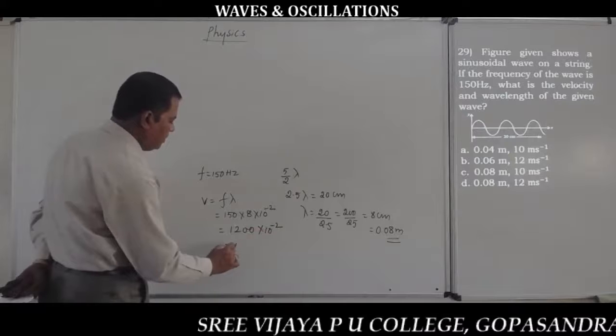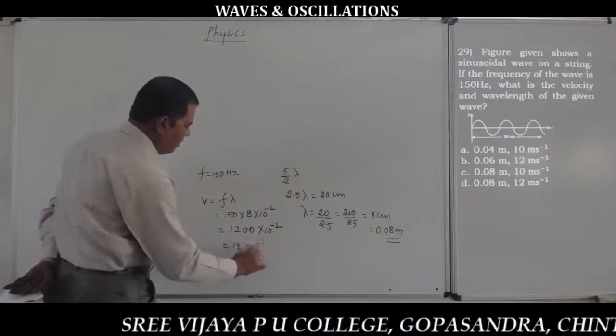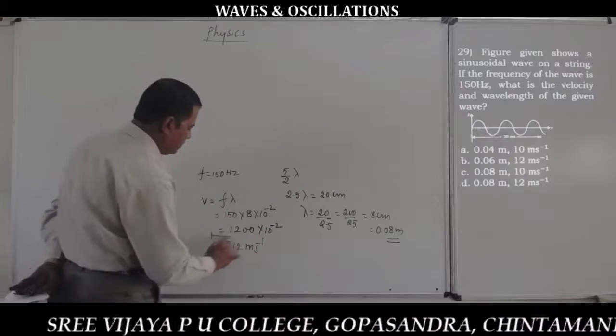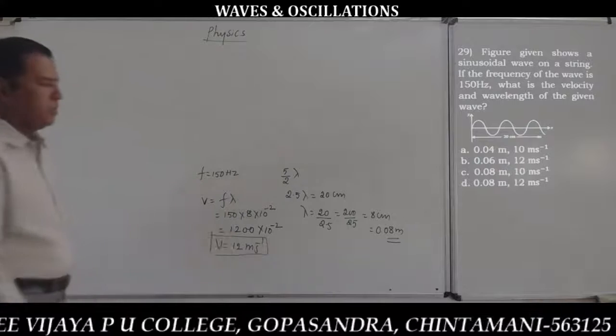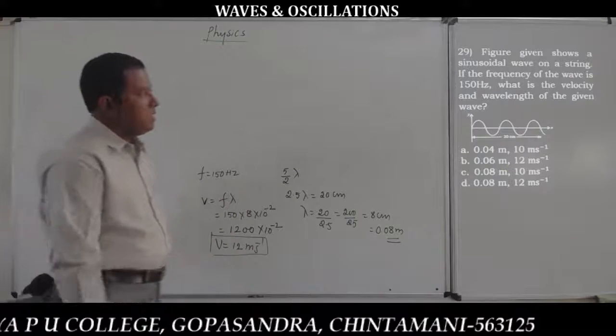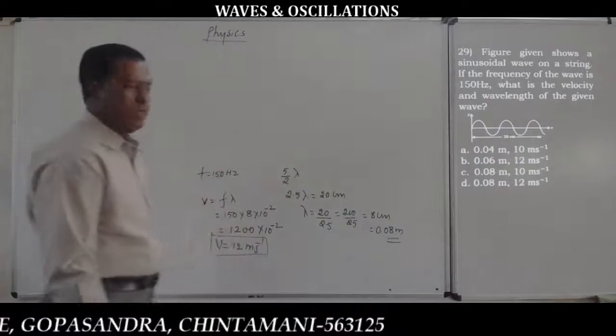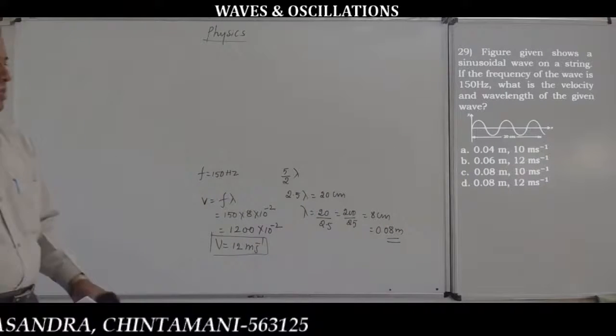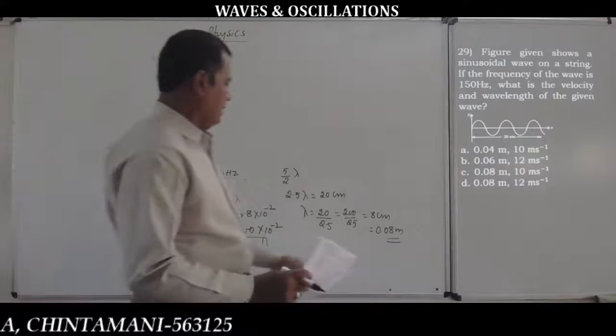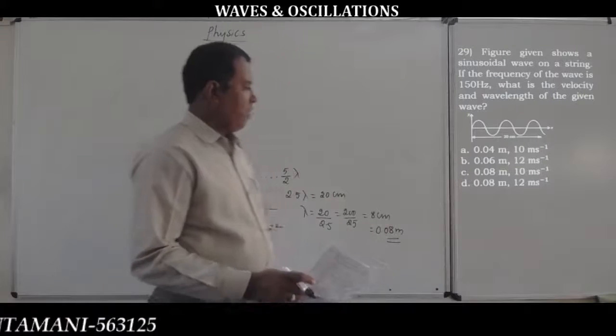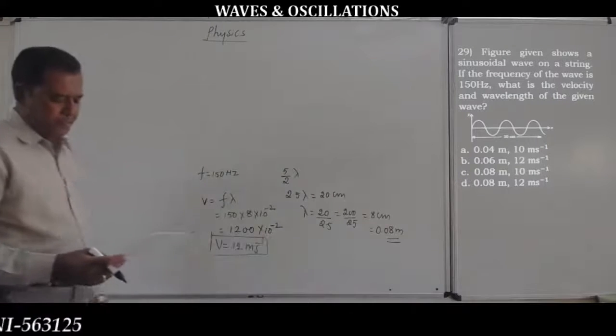Upon removing the power, you will get 12 meter per second. So that is the V value. The wavelength is 0.08 and the velocity is 12 meter per second. Therefore the correct option is D.